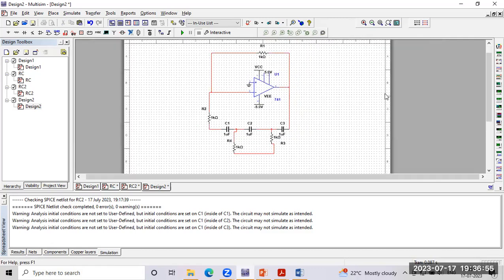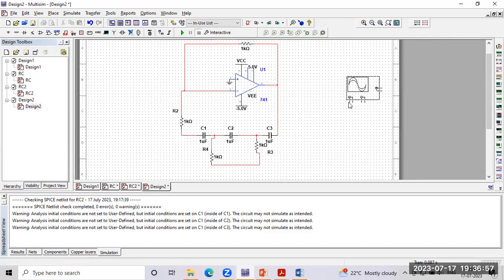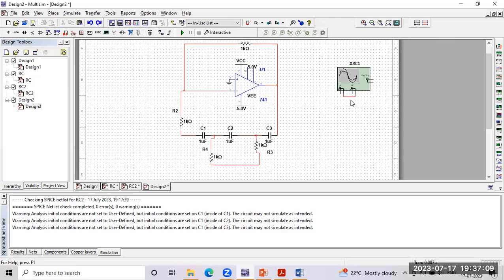The circuit is almost ready. Here I'm not going to use any signal generator. I'm going to use an oscilloscope here. Give ground or negative. Okay, done. Almost circuit is done.